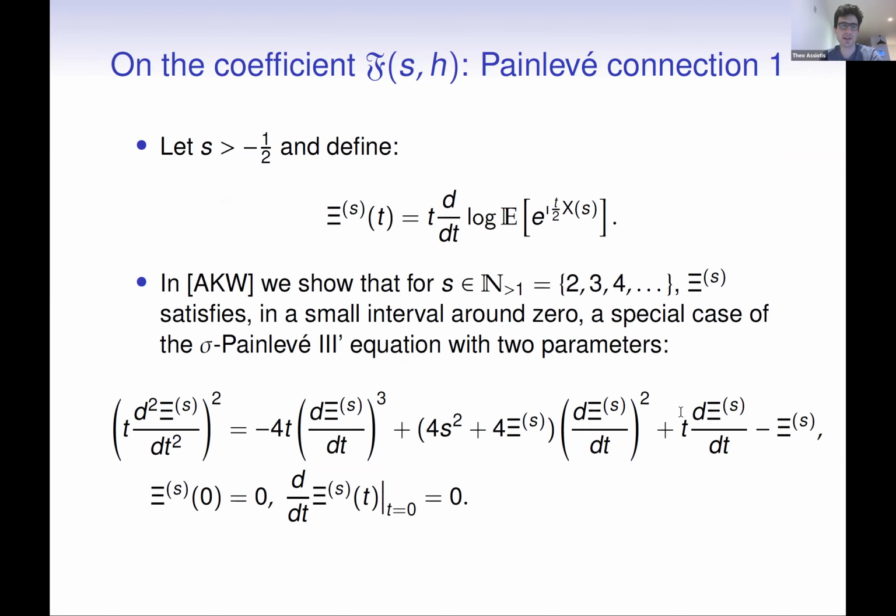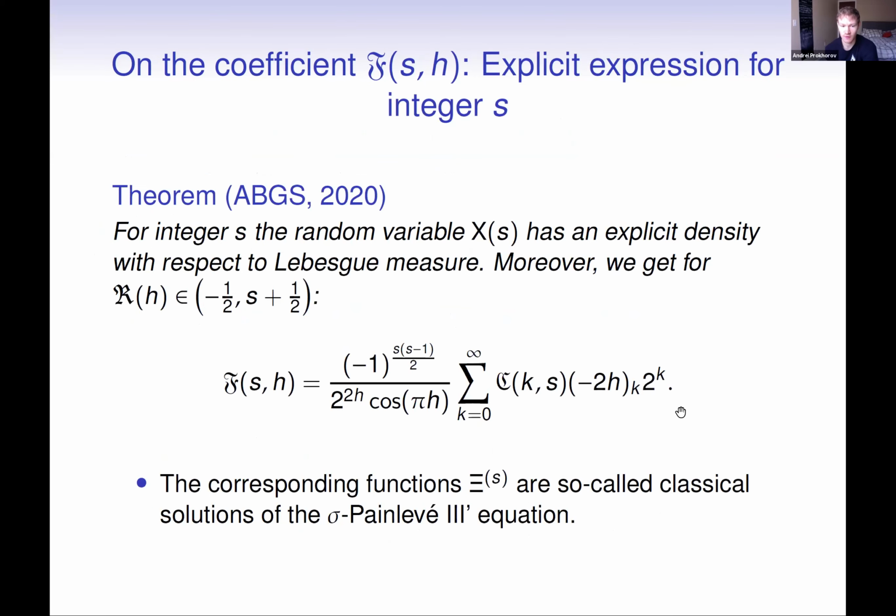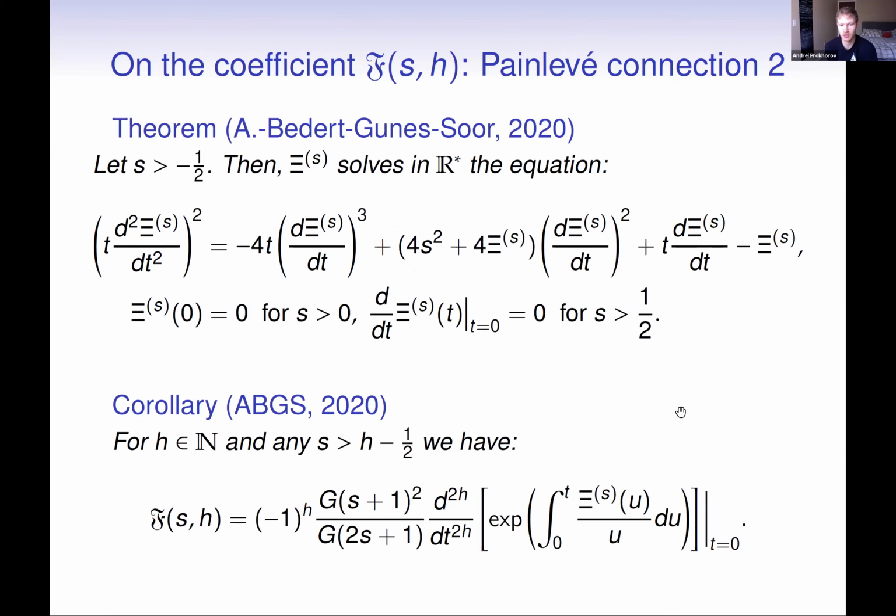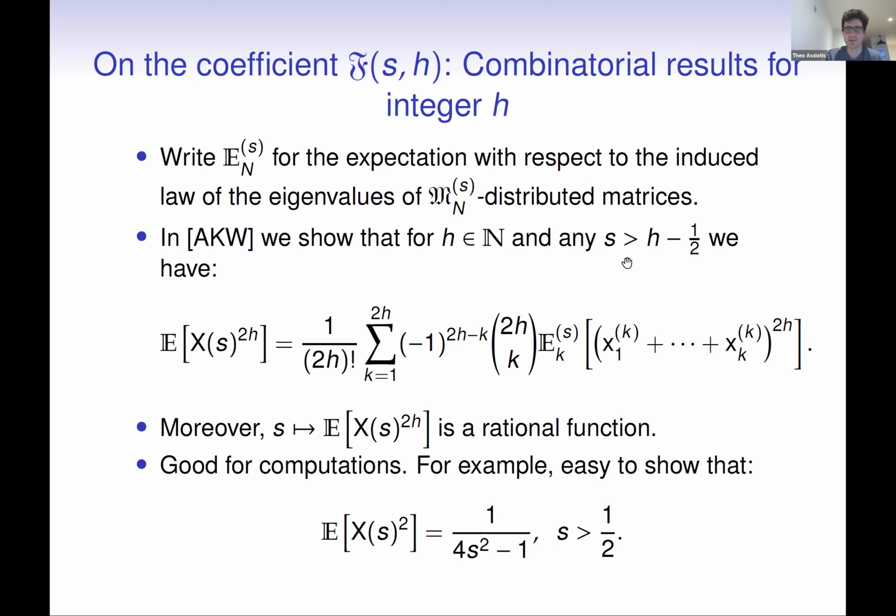The combinatorial expressions are for this corollary, for integer H and non-integer S. Yes, for this one the combinatorial expression exists for integer H and non-integer S. You can write a fully explicit combinatorial expression, and this thing can be evaluated. There's also a combinatorial formula for integer S and non-integer H. So if one of the two parameters is an integer, a combinatorial formula exists.